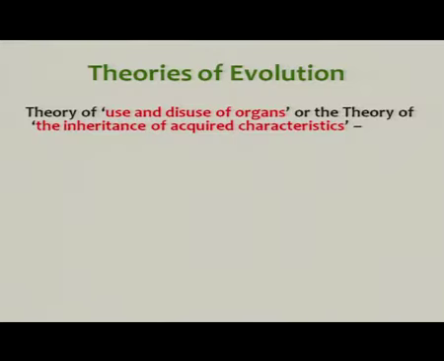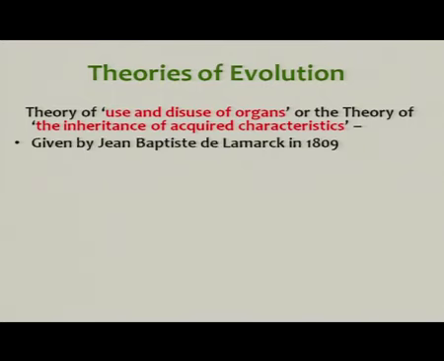The first logical theory which came into existence was the theory of Jean-Baptiste de Lamarck in 1809, and this theory is also known as the theory of use and disuse of organs, or the theory of inheritance of acquired characteristics.